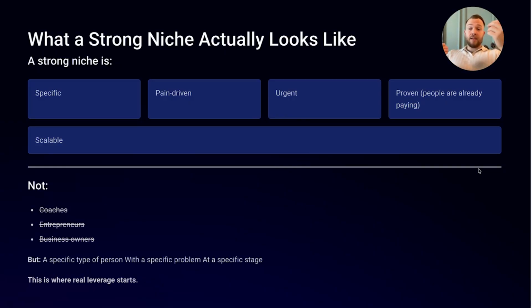So there's a specific pain. It's urgent, meaning people want something now. For example, if you're going to sell water and everyone has water, the urgency is not there. But if you have the cure for cancer, it's urgent because people have cancer. They don't want it to go away, if that makes sense, right? And then proven. People are already paying in that niche.